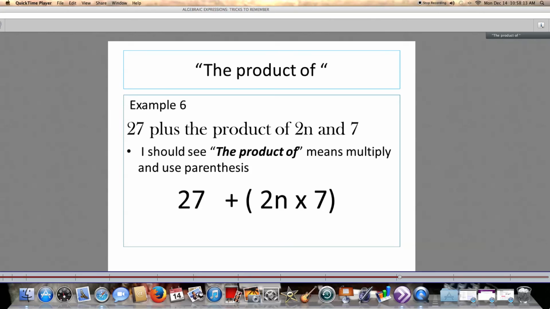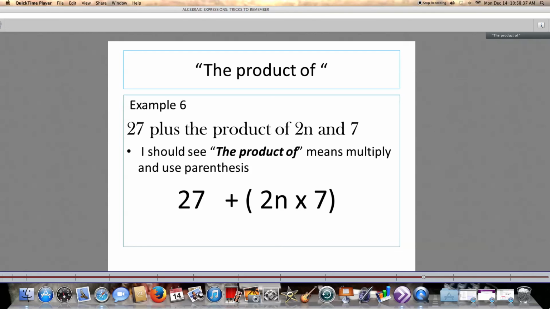The product of. If you see the words the product of, it means you're going to put it in parentheses. The sum of means right away the next thing that you see is going to be in parentheses. The difference of means right away the next thing you see is going to be in parentheses. The product of means right away what you see is going to be in parentheses.